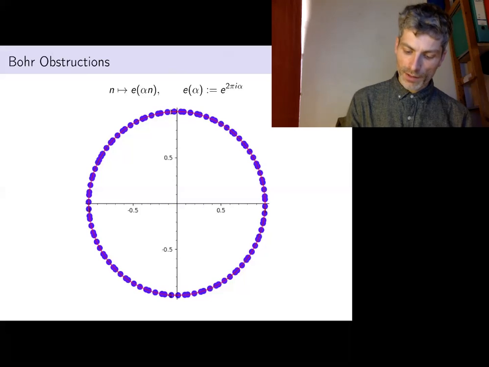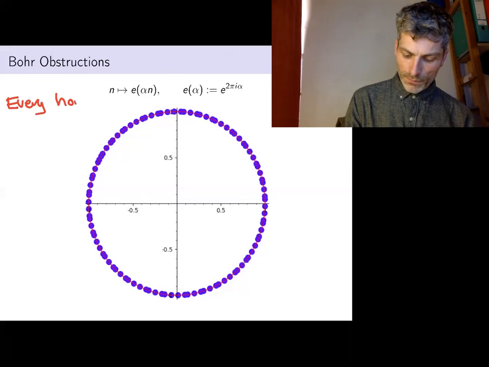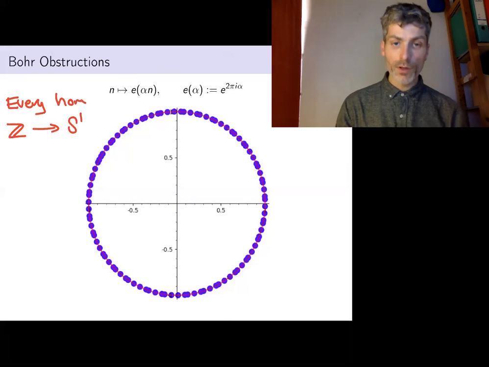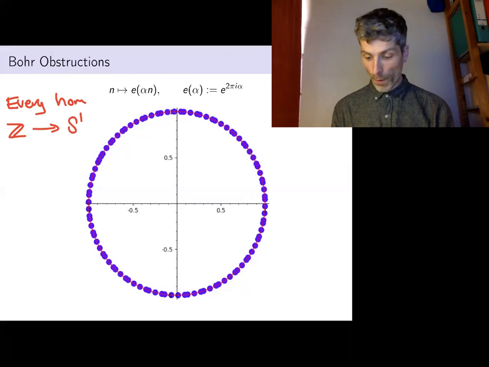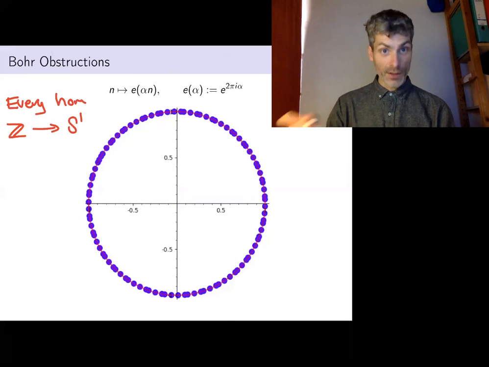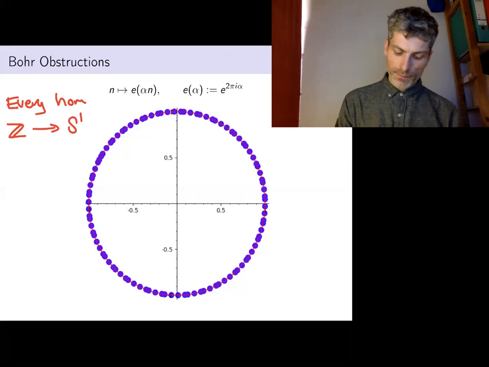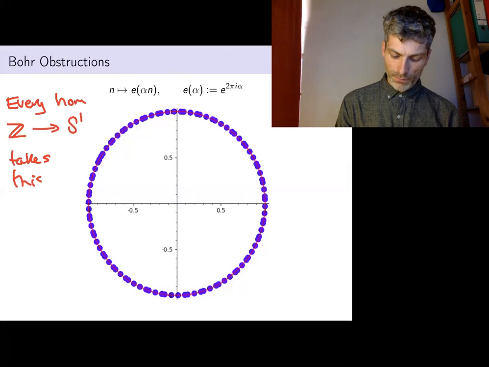So just to remark, every homomorphism from the additive group of integers to the multiplicative group of complex numbers with absolute value 1, i.e. the unit circle under multiplication, takes the above form, this form here.